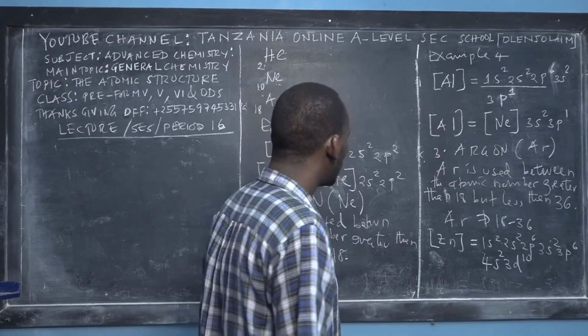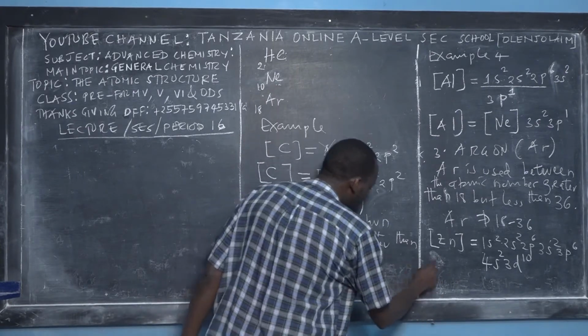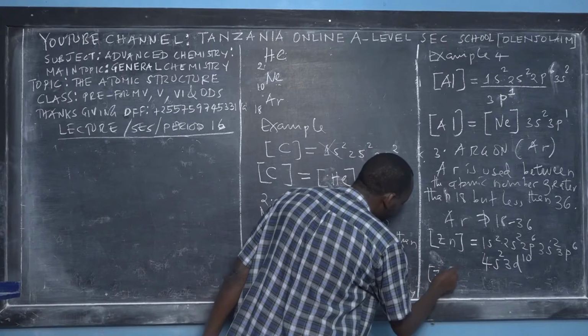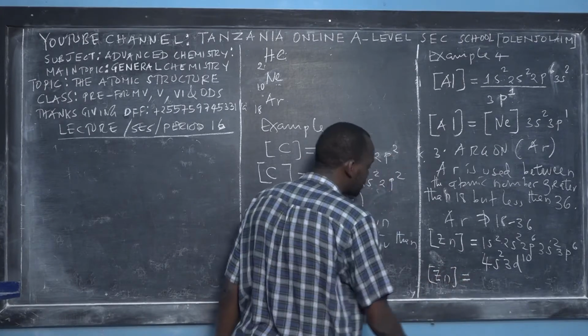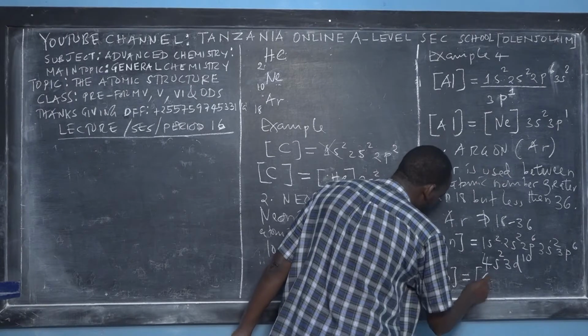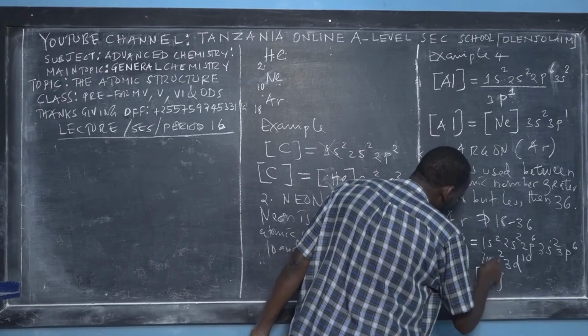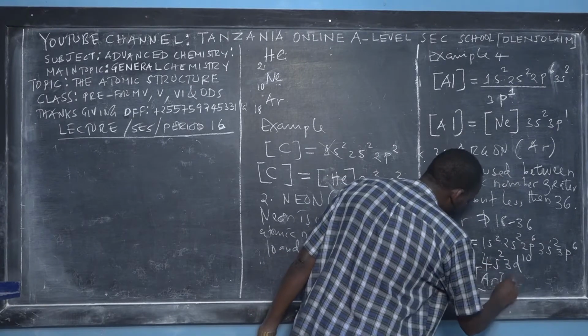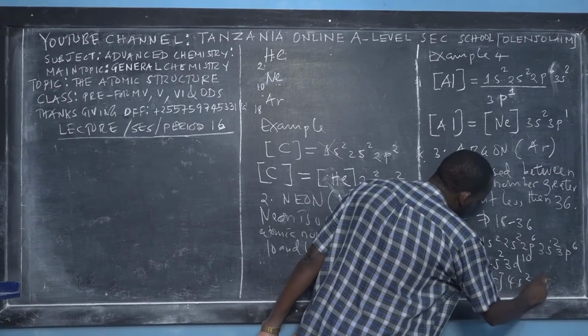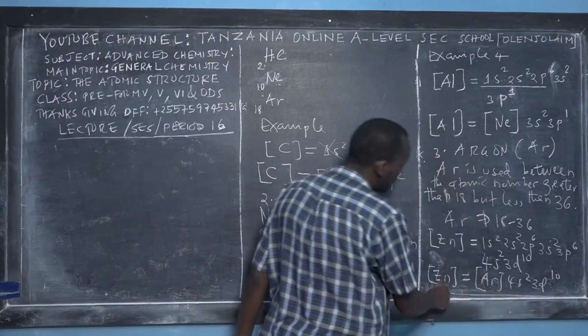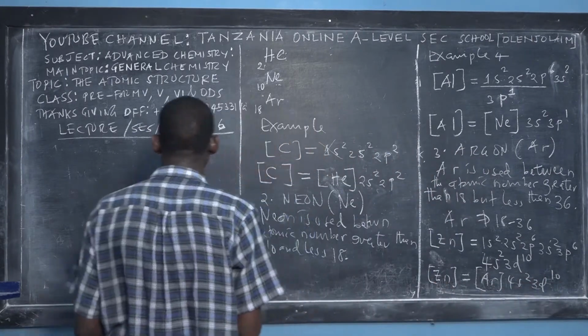Argon. So instead of writing the long electron configuration like that, we can just write the shortest like this: argon, and then the valence shell 4s, and then 3d with 10 electrons. That's the point I was making.